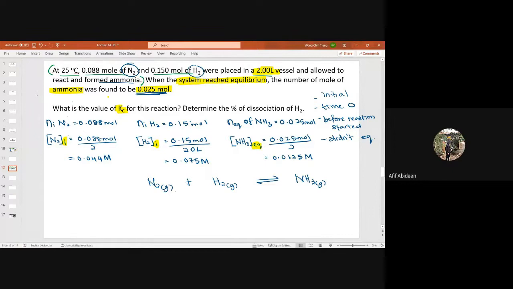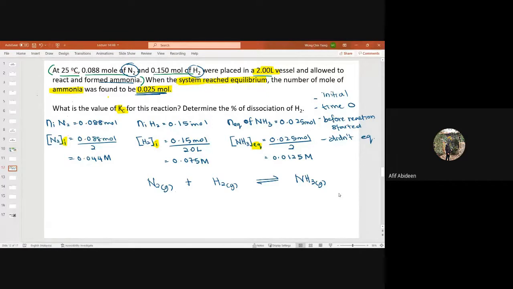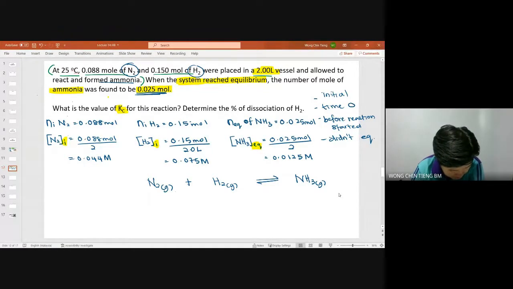Yes, Miss. Nak balance macam mana? Berapa mole N2? Come on, Afif. It's a Haber process formation of ammonia.